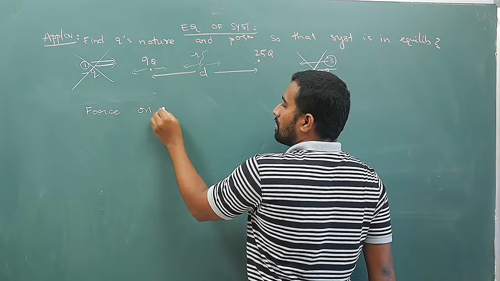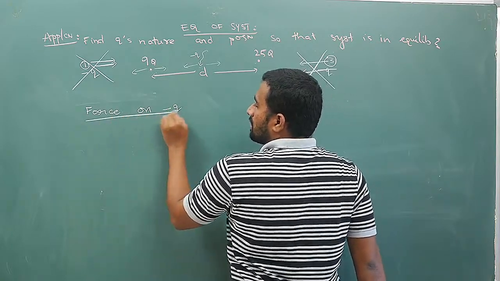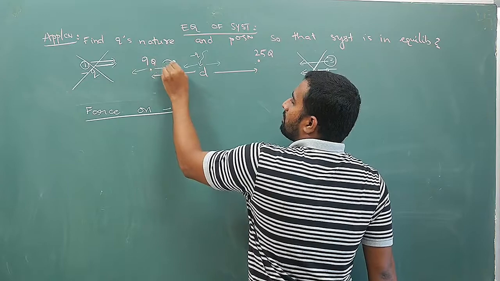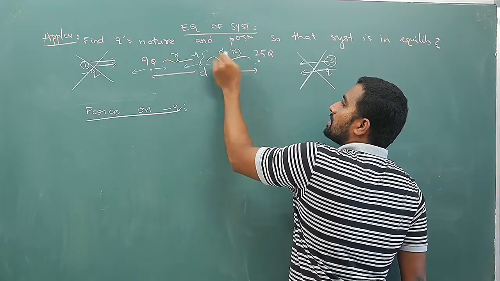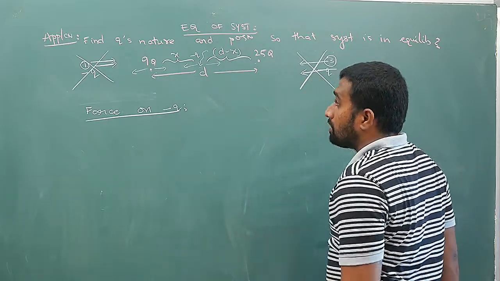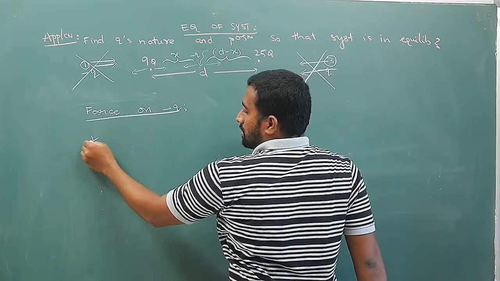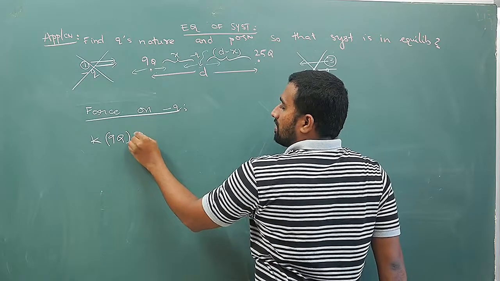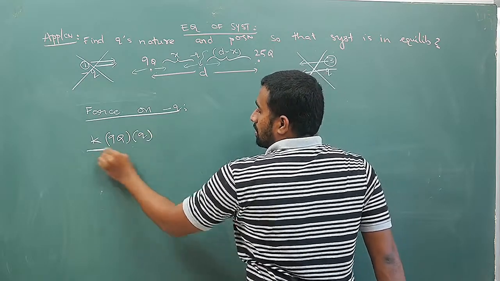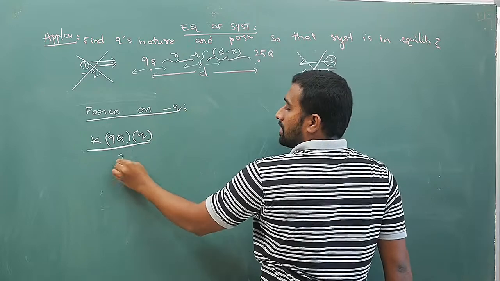Your force on the minus q charge: if the distance from here to here is x, and from here to here the distance is d minus x. Now your force on minus q is k into 9q into the negative charge, there is attraction, do not keep the minus sign, by x square.